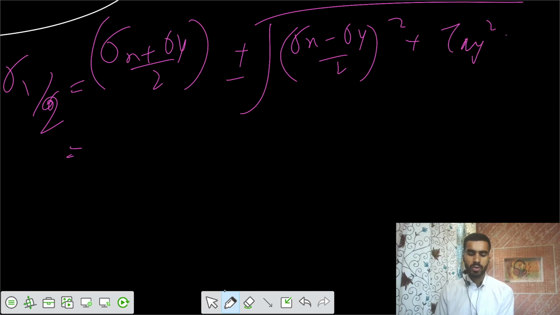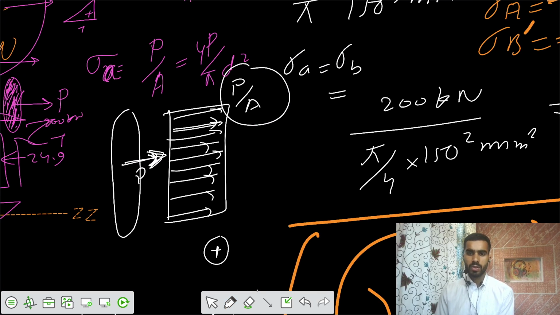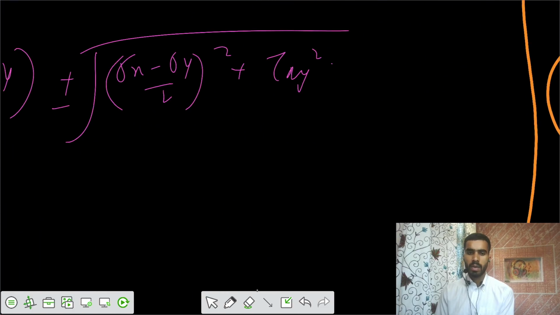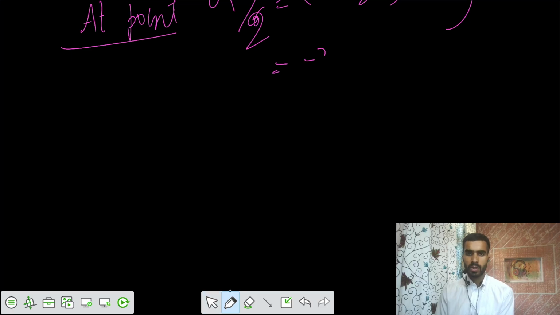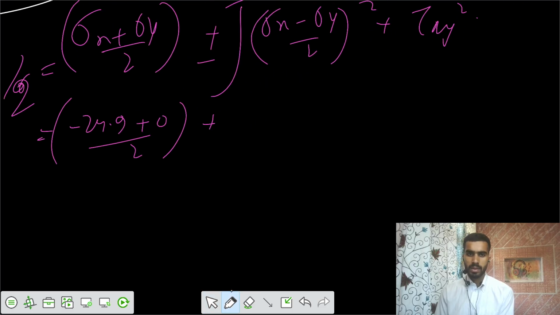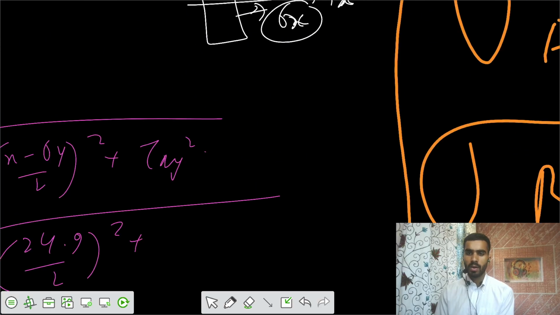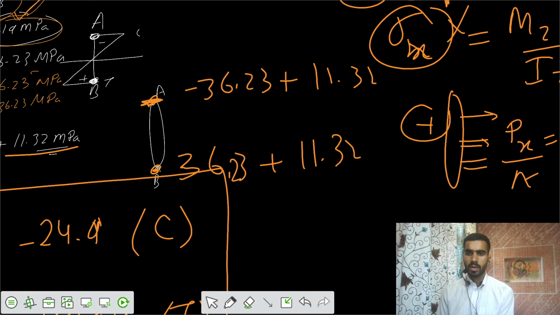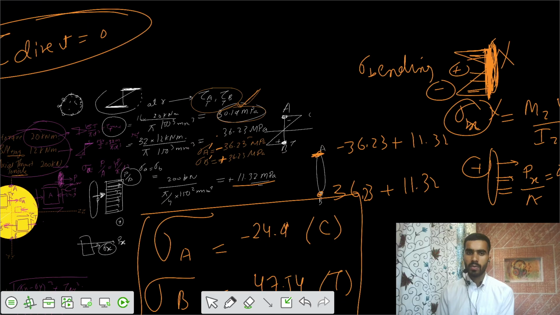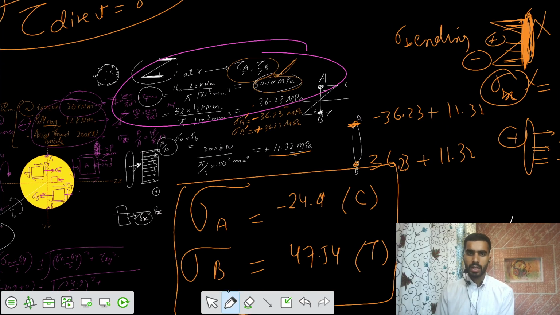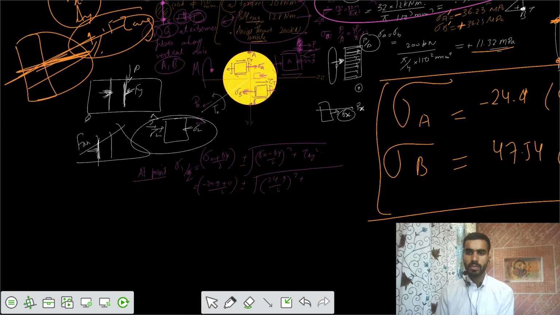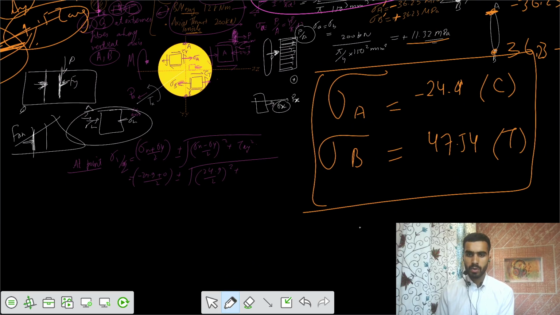So we have sigma x equals minus 24.9 plus 0 by 2, then plus minus root of 24.9 divided by 2 whole square plus the value of shear stress we got because of torsion, tau T square, that was equal to 30.19, so 30.19 whole square.